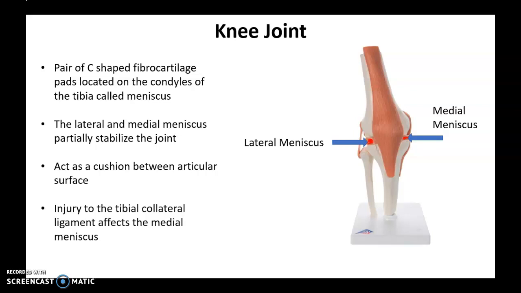These pads are called menisci. We have two of these, a medial meniscus and a lateral meniscus, which partially stabilize the joint medially and laterally and act as cushions between articular surfaces and continuously change shape to conform to the articulating surfaces as the femur moves.